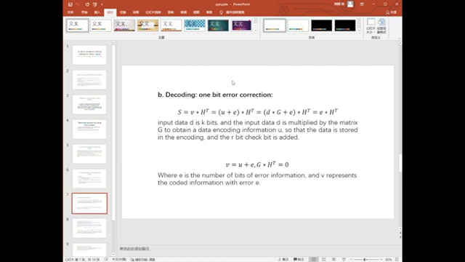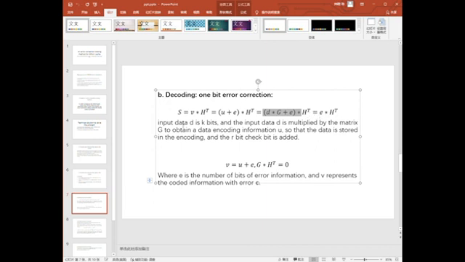Here is the equation for the decoding method. In 1-bit error correction, S is equal to V multiplied by H transpose, which is equal to (U plus E) multiplied by H transpose, and U plus E is equal to D multiplied by G plus E, multiplied by H transpose, which is equal to E multiplied by H transpose.